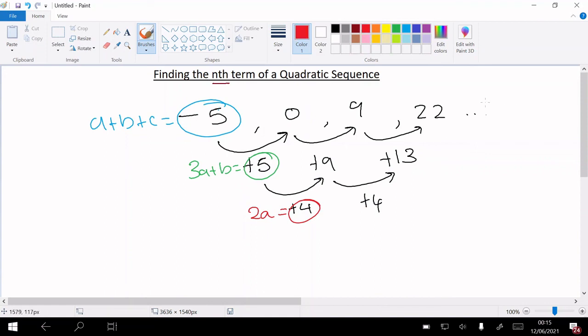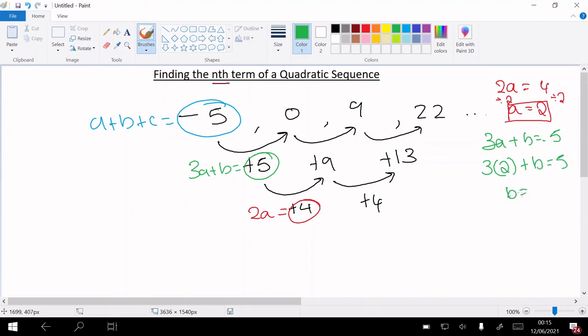Let's solve that. 2a is equal to 4, therefore a is equal to 2, since you divide by 2 on both sides. 3a plus b is equal to 5, but you already know what a is, which is 2, which means b is equal to -1.